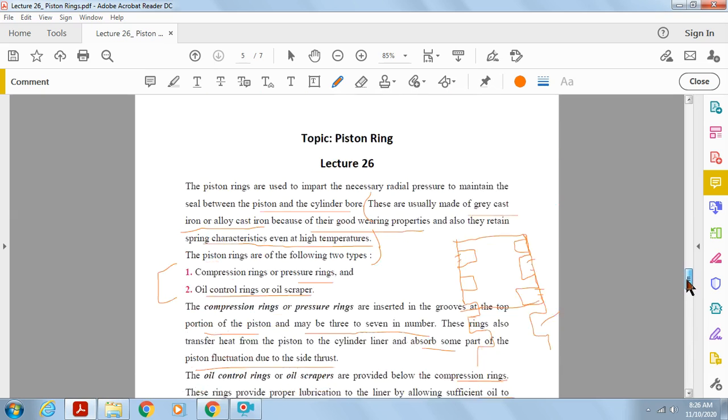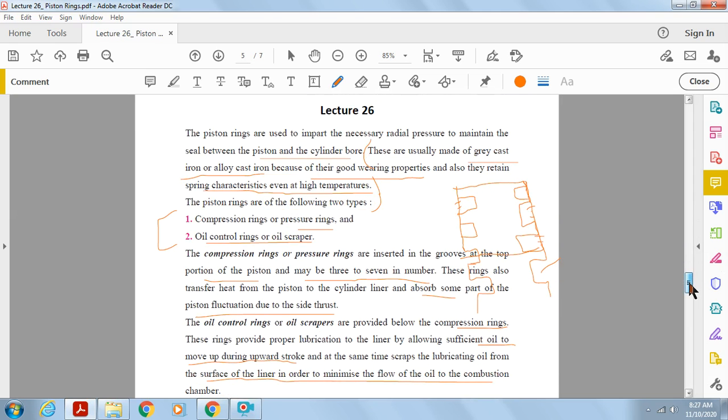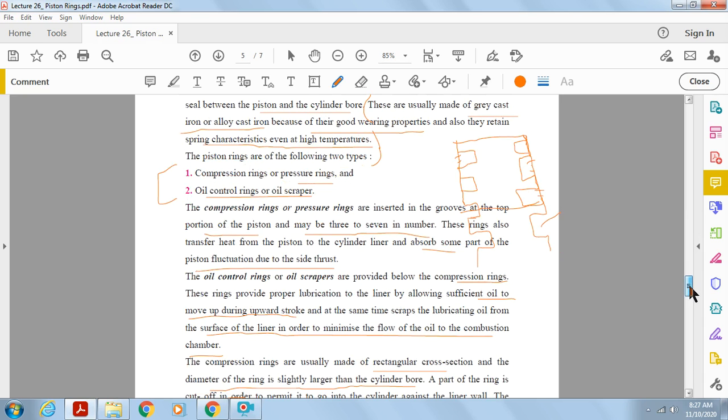You have to remember the function of the piston ring, the characteristics of a good piston ring, why grey cast iron or alloy cast iron is so suitable for the piston ring, and the different types of piston ring, the classification, like compression ring and oil control ring or oil scraper.